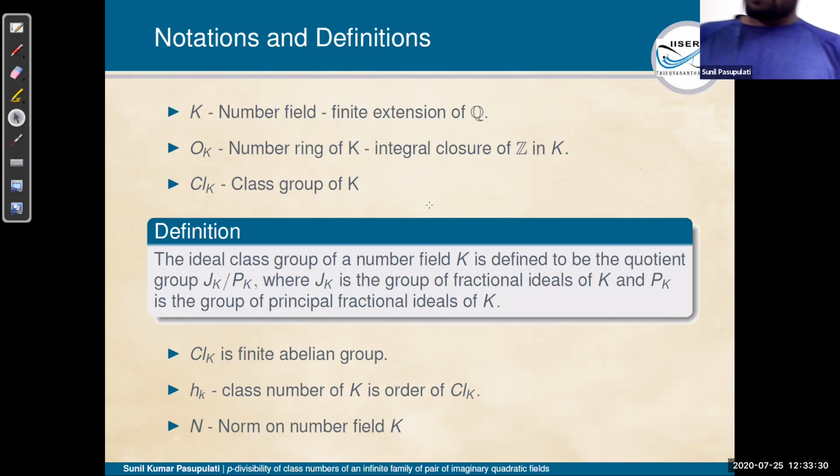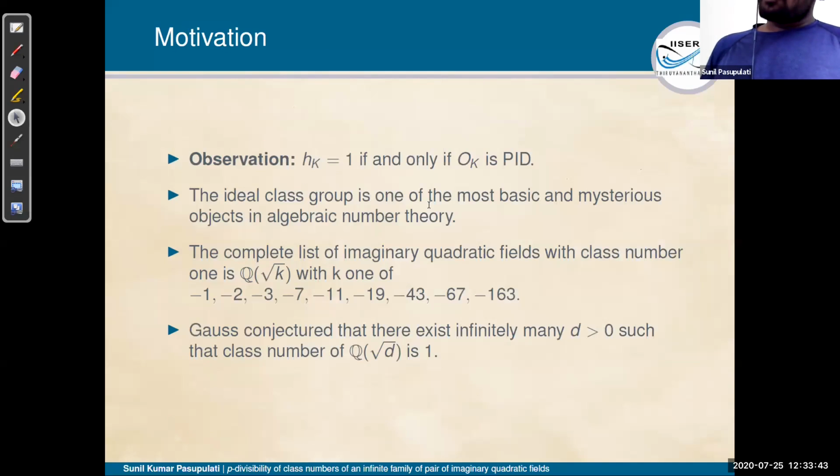I define N to be the norm on the number field K, which is the product of all Galois conjugates of an element. It is immediate from the definition that if the class number is 1, then O_K is a PID.